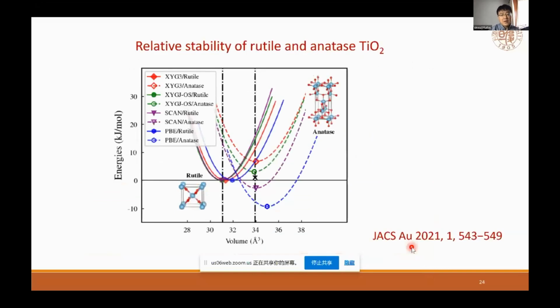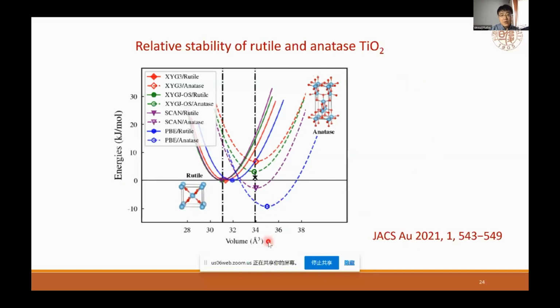So here is an example discussing the stability of rutile and anatase, which are important materials. So you can see that PBE predicts that anatase is more stable than rutile, which is not in accordance with the experimental finding.